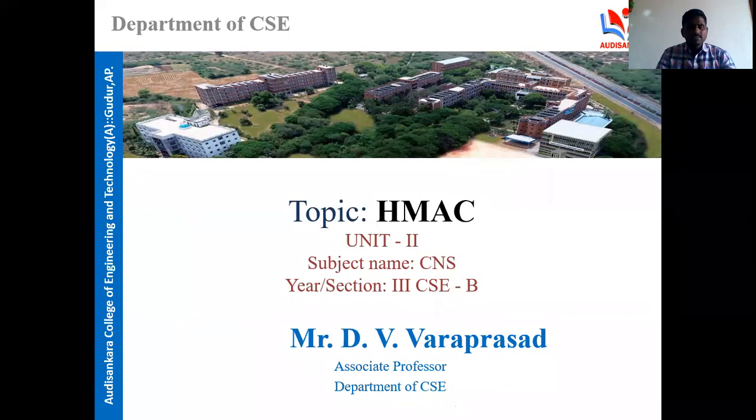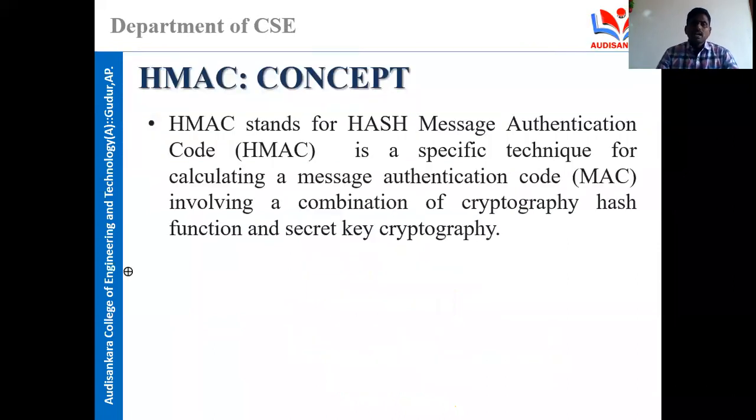Okay. Now let us see the next concept, HMAC, hash message authentication code. It is a specific technique used for calculating the message authentication code. It involves the combination of a cryptographic hash function and secret key cryptography. It has both.